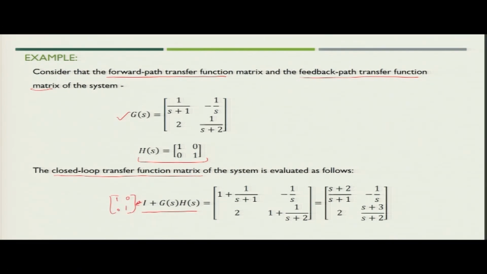G(s)H(s) is given. So, when you put the values and simplify, you will get I plus G(s)H(s) as [(s+2)/(s+1), -1/s; 2, (s+3)/(s+2)].